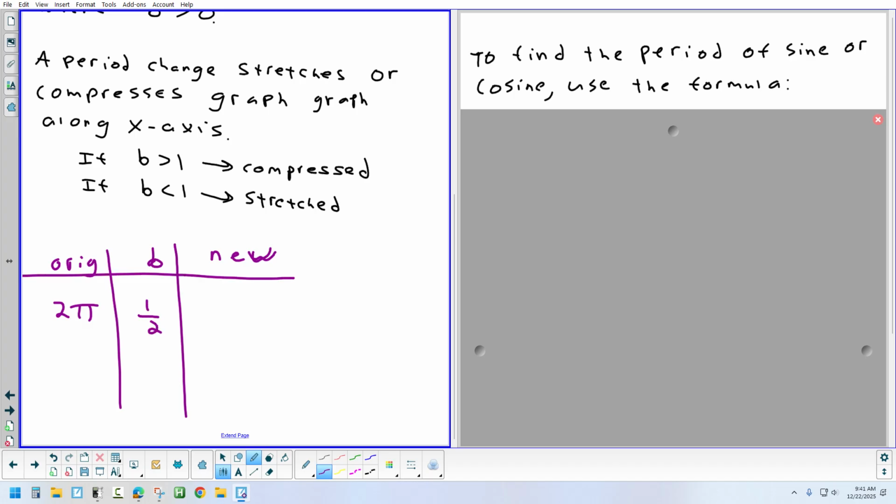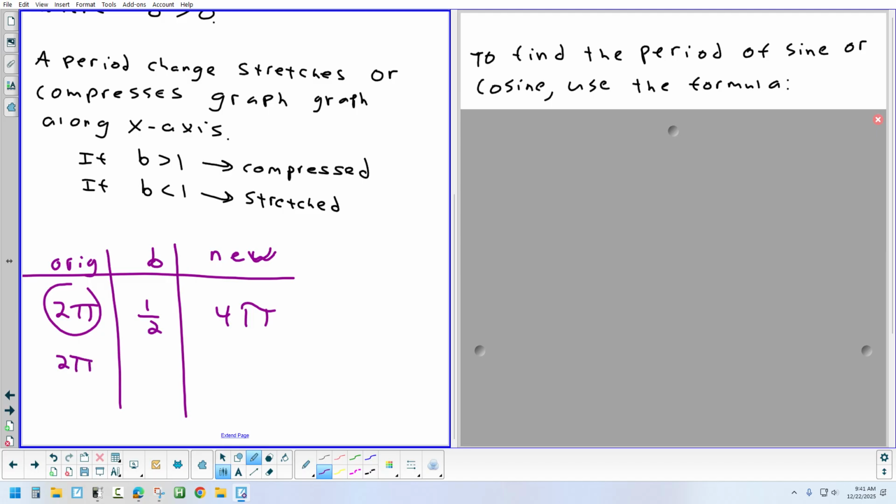What would be your new period? If the original period is 2 pi, and you do a b value of 1/2. So 1/2, what does that do to the graph? It stretches it, which means this number gets even bigger. So 4 pi, yeah.